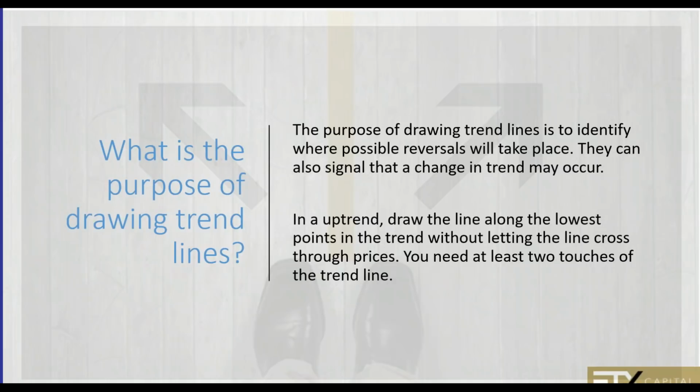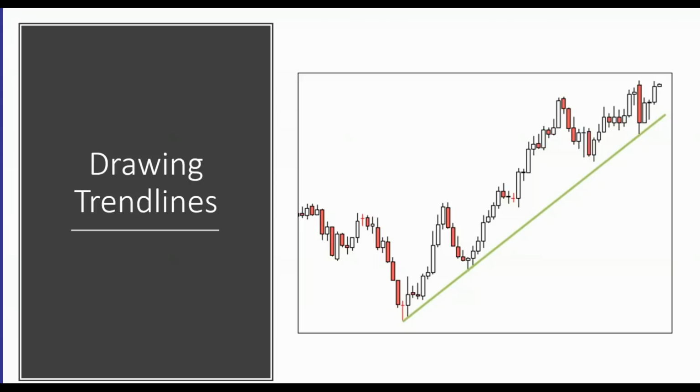So in an uptrend, we draw our line again along the lowest point in the trend without letting the line cross through price. You need at least 2 touches of the trend line. So in other words, we look for price underneath, and this looks very much like that pound chart.